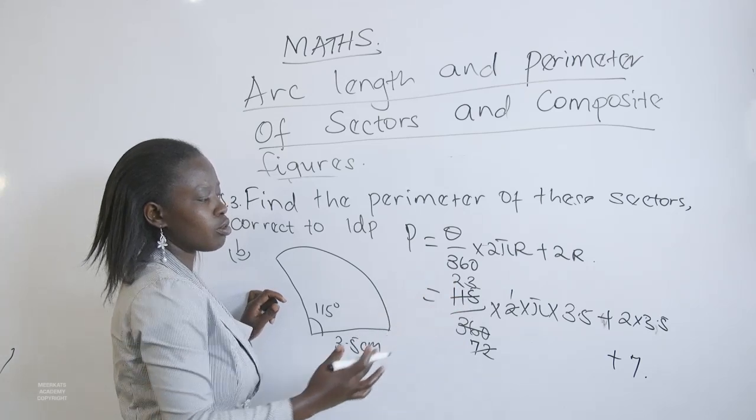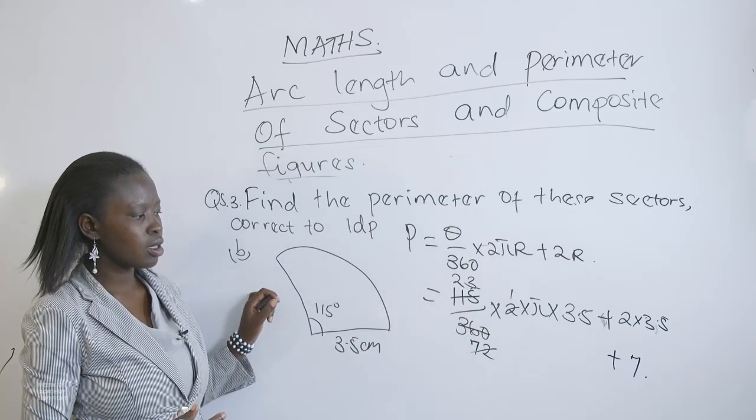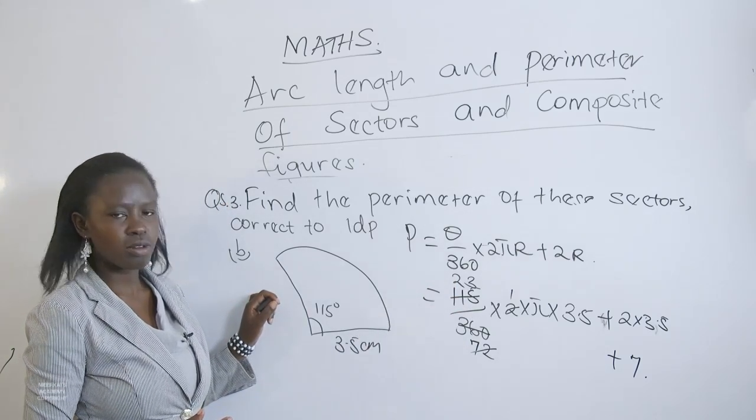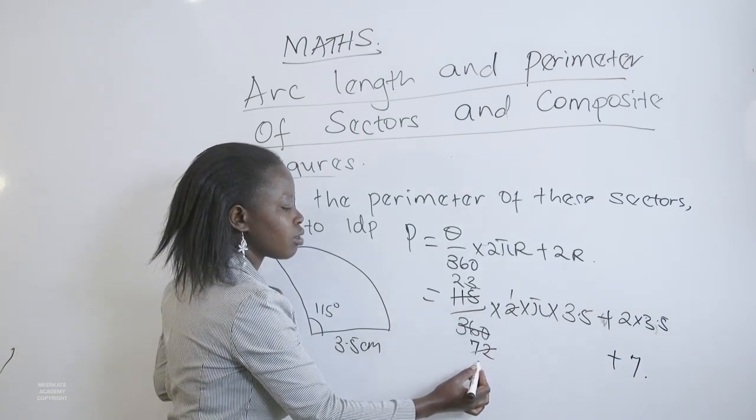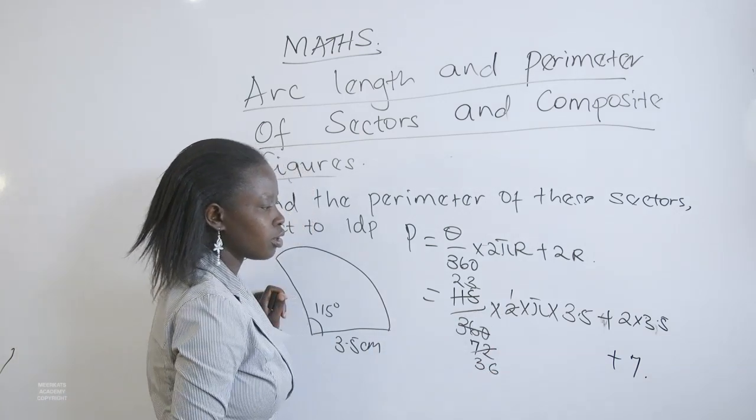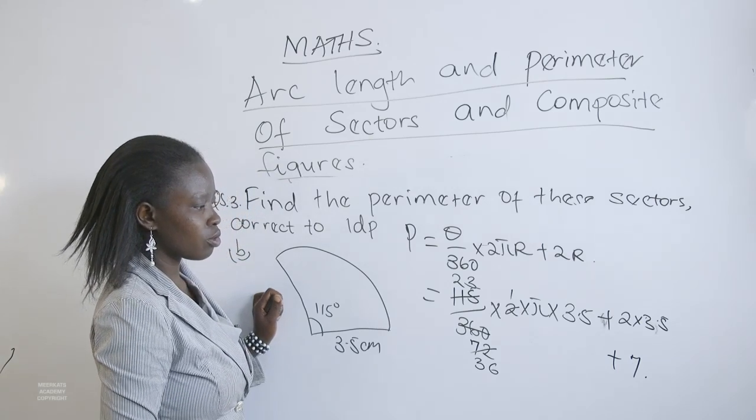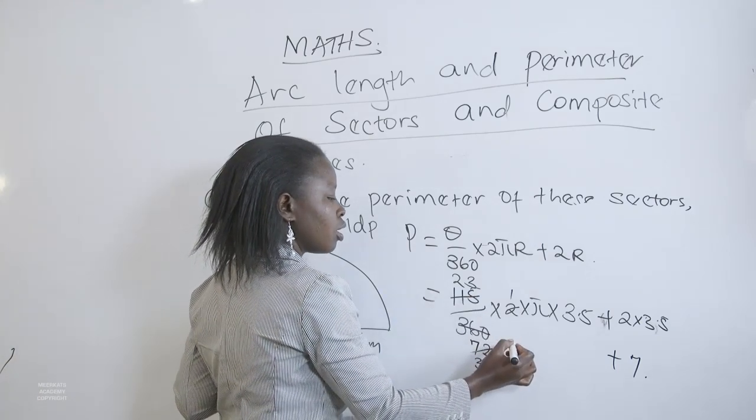So the fraction being represented here is 23 out of 72, but we can still simplify this. 2 into 72 is 36. So we are left with 23.